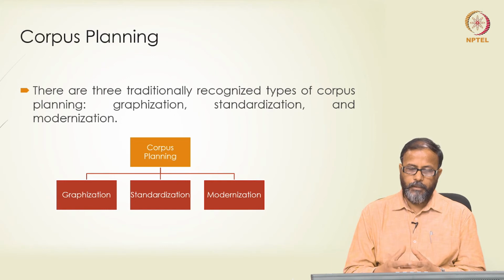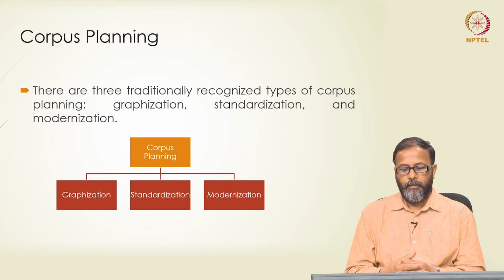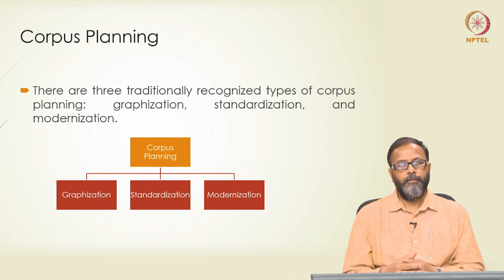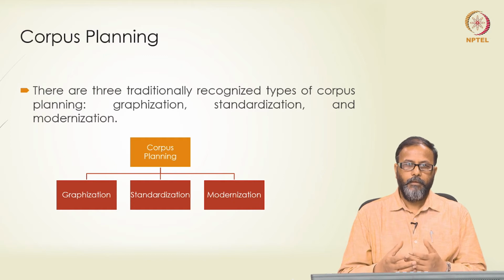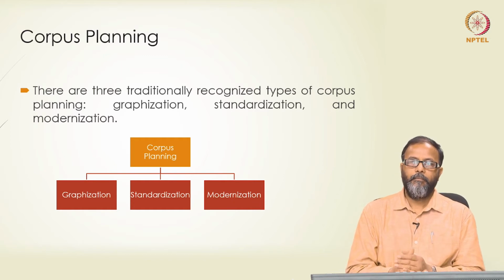Now, there are three processes involved in corpus planning, right? Graphization, standardization, and modernization. So, graphization refers to orthographic representation of language, work on that, where we standardize the script, right?